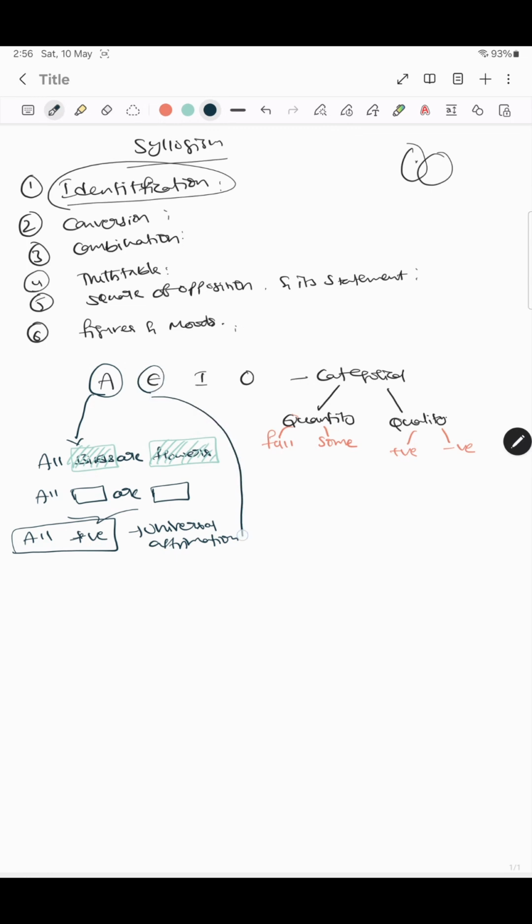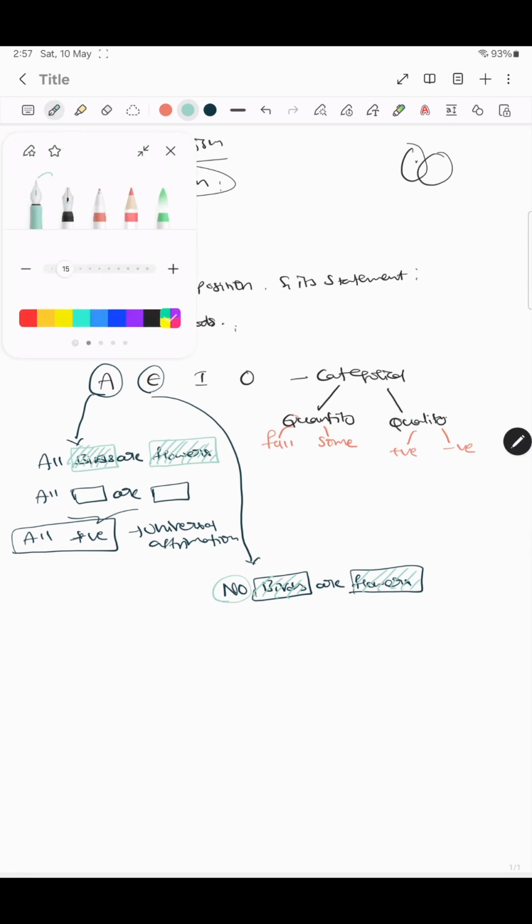And the next one is the E kind of statement. What is the E kind of statement? No birds are flowers. I am taking the same example because I don't want to confuse you. Again, these birds and flowers are arbitrary. Here no is there and no holds for everything else.